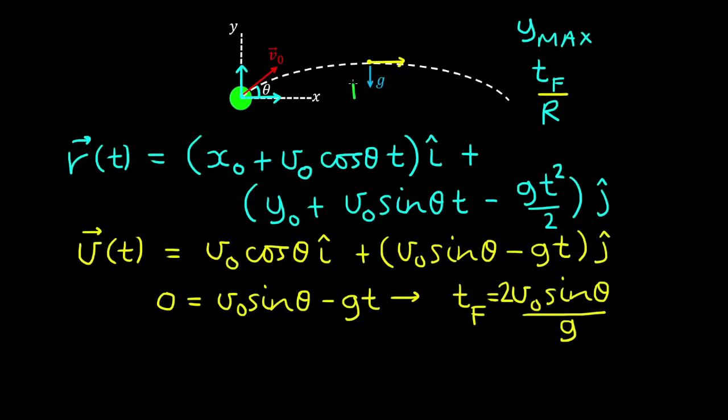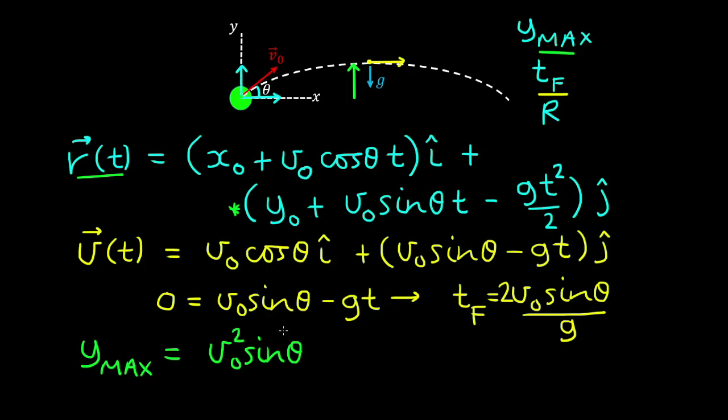And now to get the maximum height of the projectile, being y max, we substitute half the time of flight into the y component of the position. So that gives y max is equal to y naught, which we'll ignore because we'll take the origin at the launch position of the projectile. So we have v naught sine theta by half the time of flight.